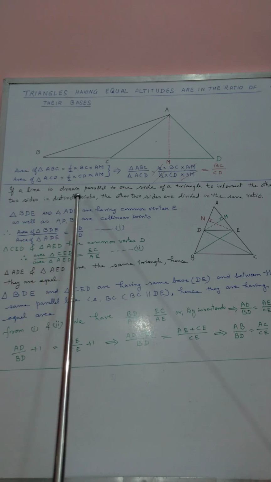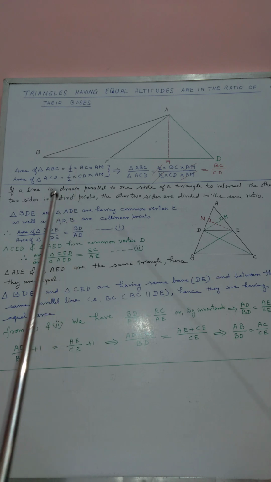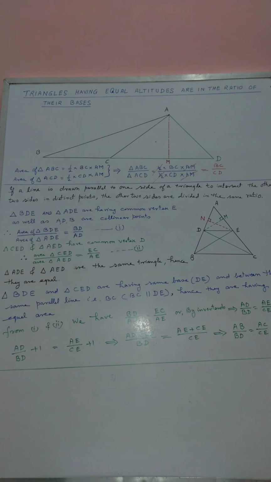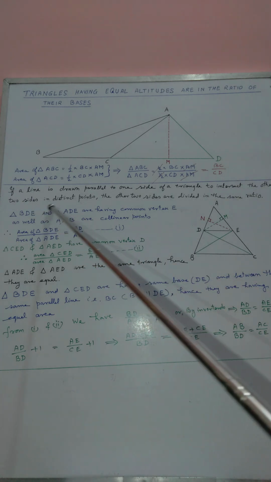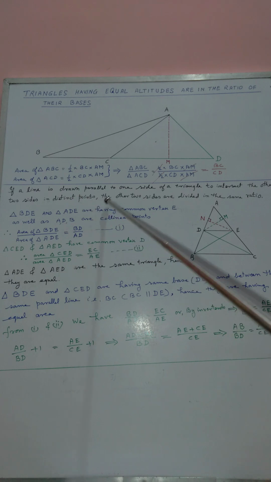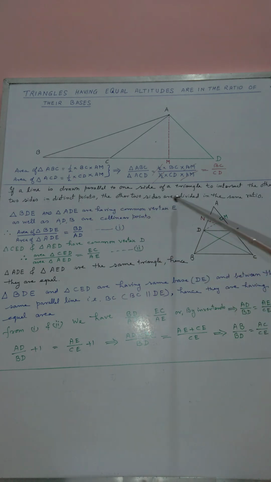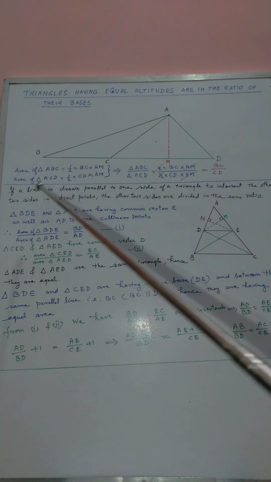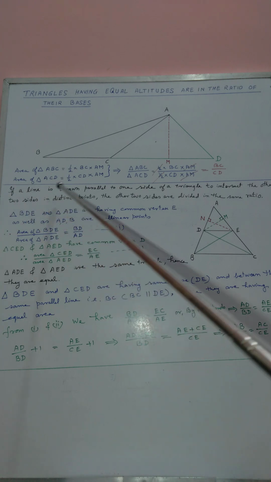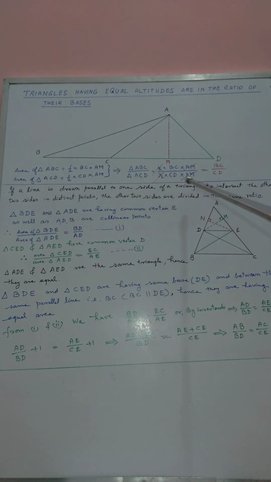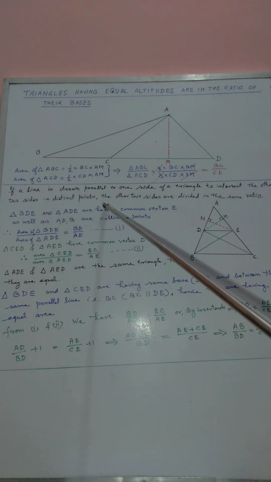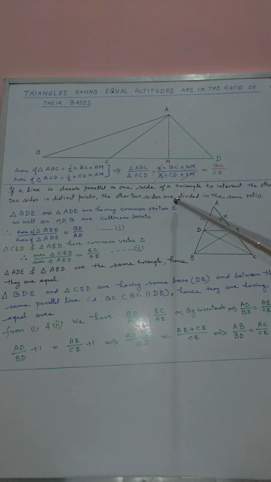If a line is drawn parallel to one side of a triangle to intersect the other two sides in distinct points, the other two sides are divided in the same ratio. I read it again. If a line is drawn parallel to the side of a triangle to intersect the other two sides in distinct points, the other two sides are divided in the same ratio.